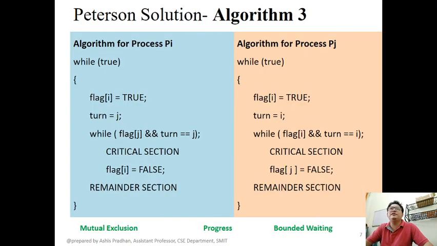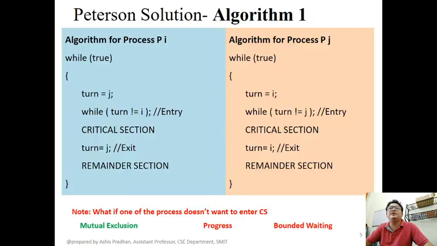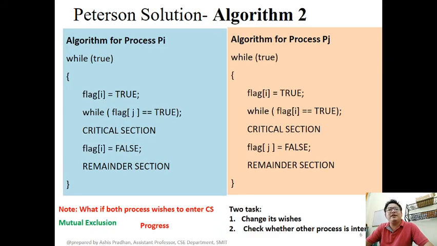Okay, I'll just give a review of it. We have discussed algorithm 1, which only satisfies the criterion for mutual exclusion; progress and bounded waiting are not satisfied. Algorithm 2 satisfies only mutual exclusion; progress it is not satisfying, and bounded waiting is not necessarily checked, and it uses the concept of a flag or boolean variable.